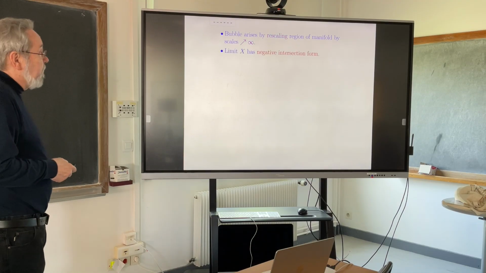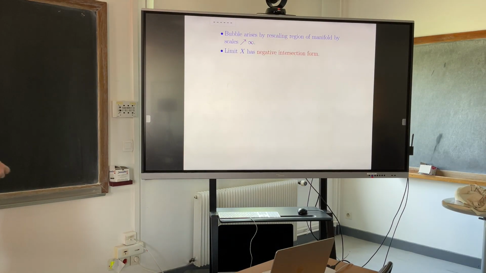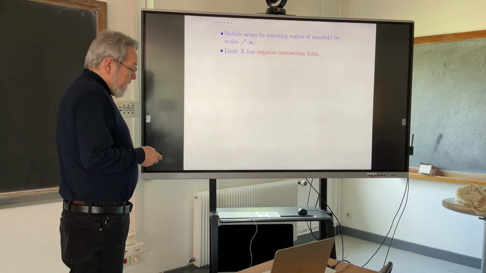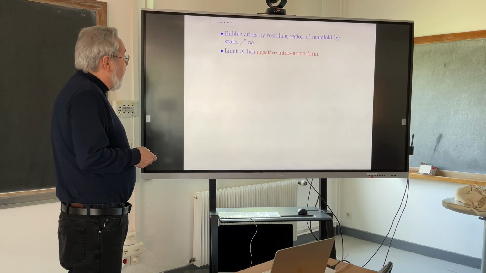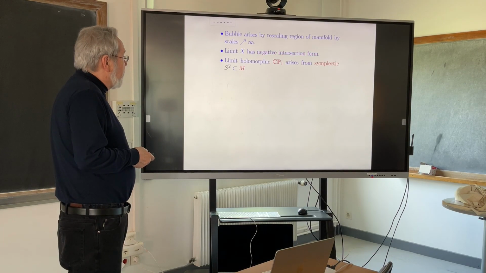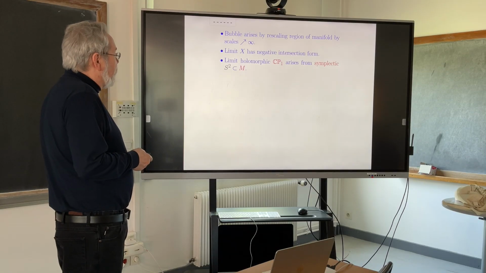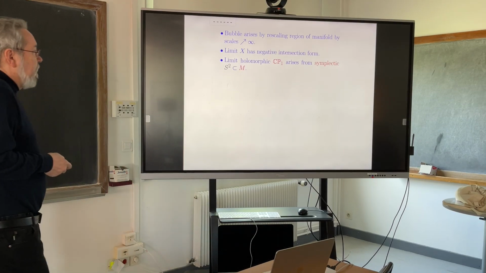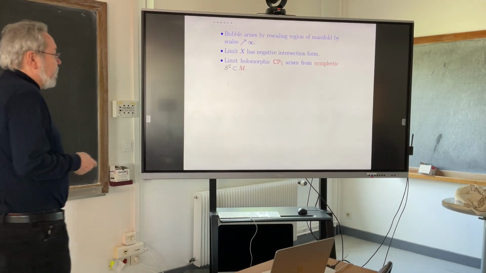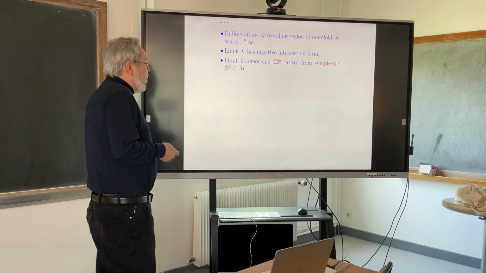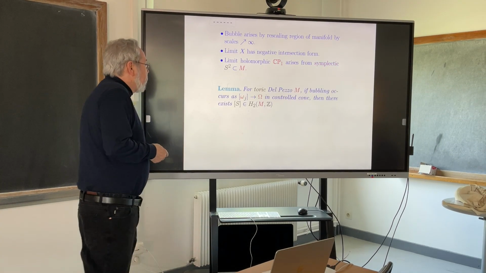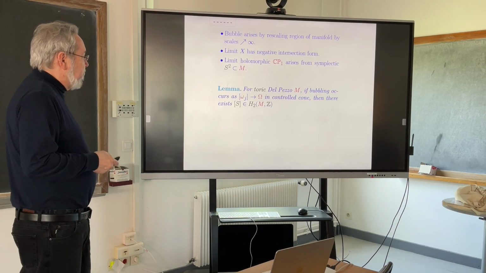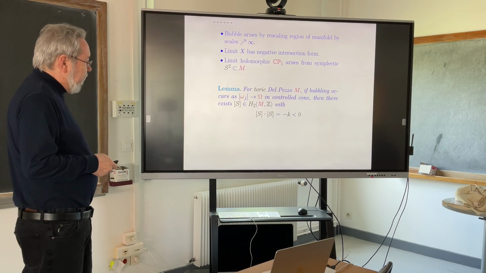And one can show that if you take the intersection form of this bubble, it has negative definite intersection form. In the limit, you can see that holomorphic CP1s arise from symplectic S2s for the sequence, and then you can control this by basically a topological argument.